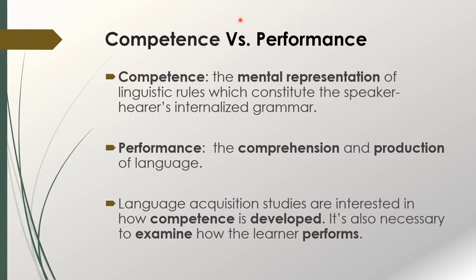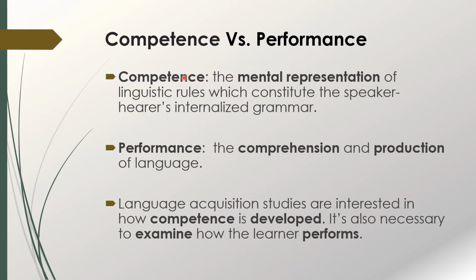Now, competence and performance. Competence is what we know. For example, I know how to operate a computer. The knowledge I have in my mind is referred to as competence. And whenever you watch me operating a computer, or I complete a task through a computer, it will be referred to as performance.